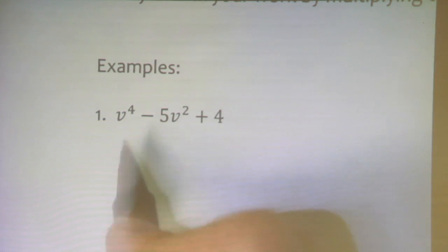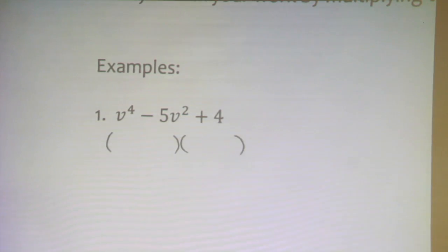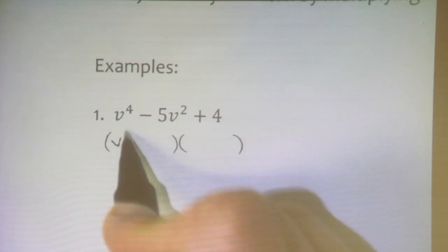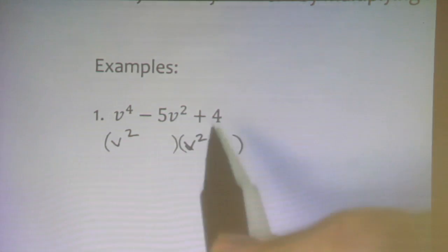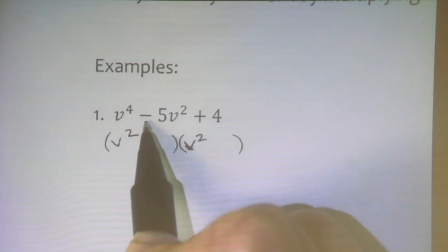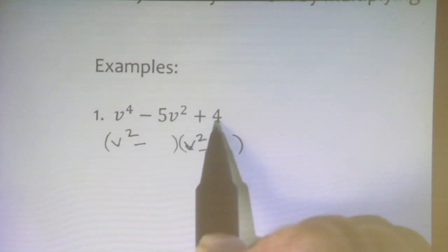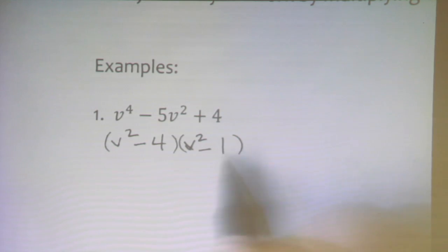So we move on and try and factor into 2 parentheses. 2 things that multiply to be v to the 4th. We're going to try v squared times v squared. This tells me my signs are the same. This tells me they're both negative. And then 2 numbers that multiply to be 4 and add to be negative 5 are 4 and 1.